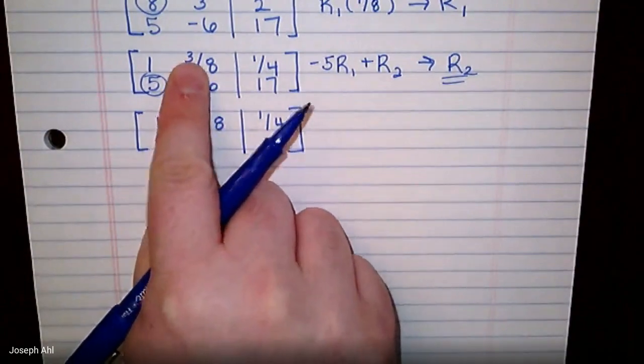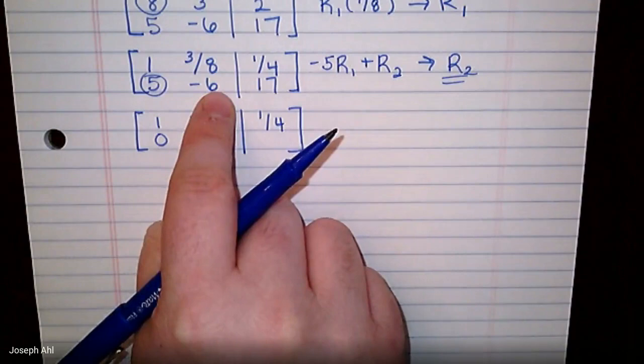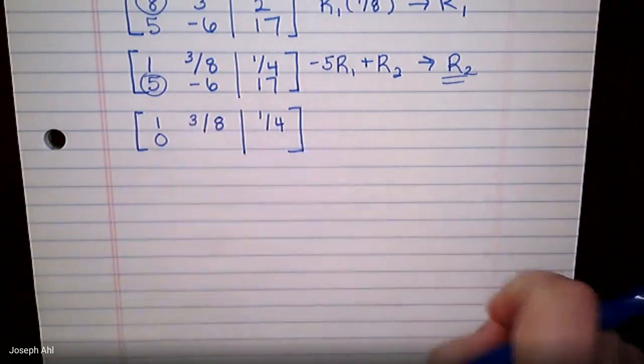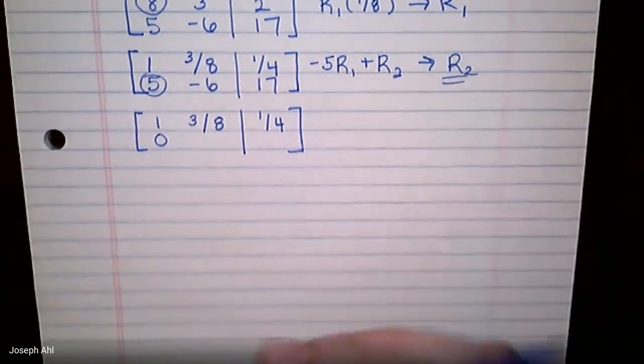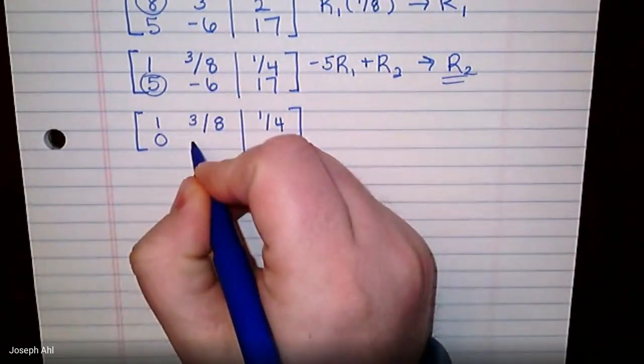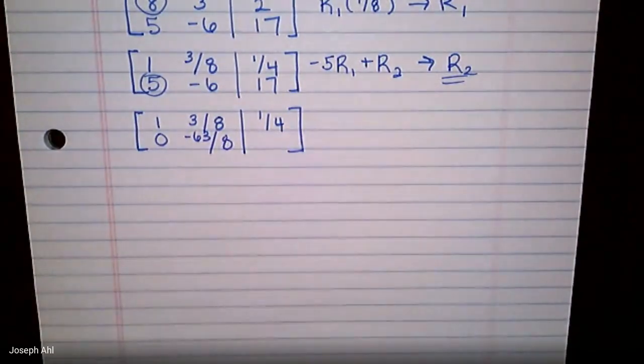Negative 5 times 3 is negative 15/8. And, oh boy, let's see, minus 6. So that would be negative 48/8. So 15 and 48, I believe, should be negative 63/8. I'm hoping I'm not going to regret not having a calculator next to me right now, but we'll give it a shot.